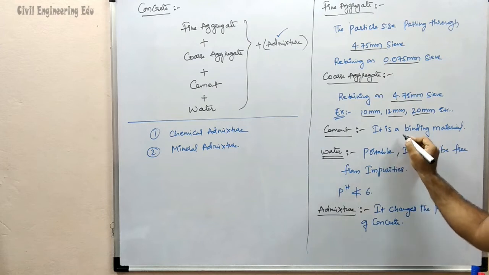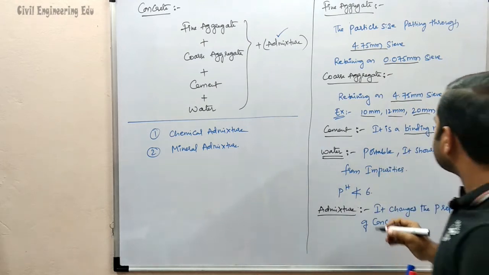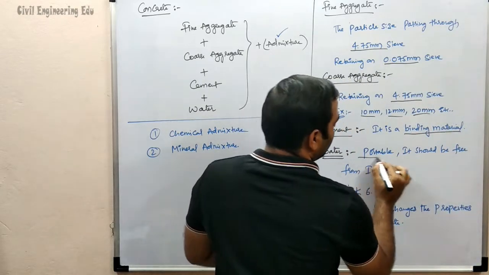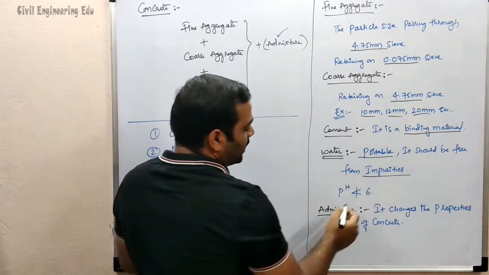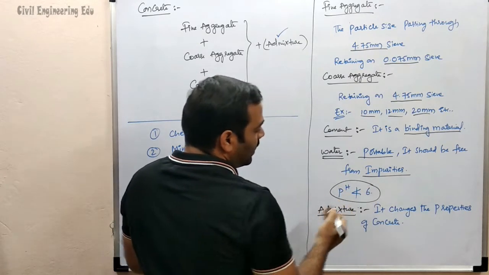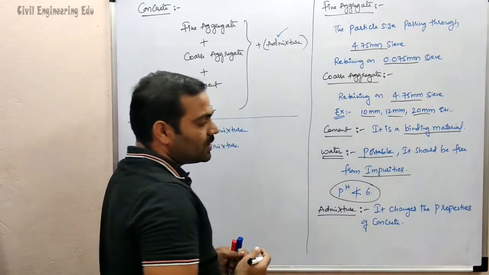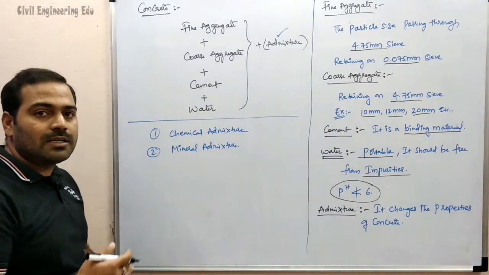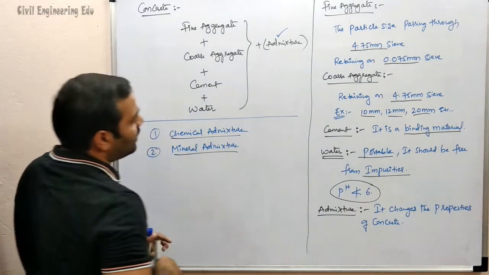Next coming to cement, it is the binding material. And next coming to water. Water should be potable water. It should not contain any kind of impurities and the pH value of water should not be less than 6. Next coming to admixture. So admixture is nothing but a material which is used to alter the properties of concrete. So these are of two types, chemical and mineral admixtures.